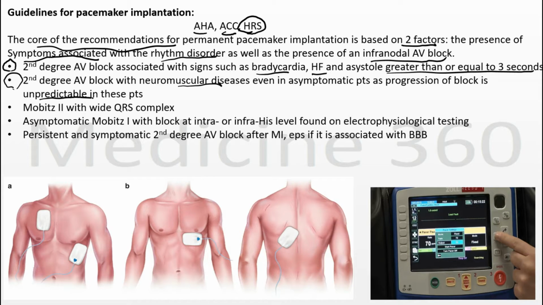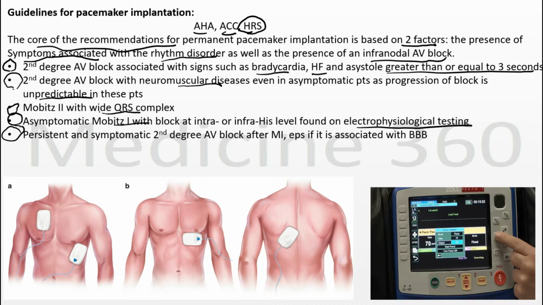Then Mobitz type 2 with a wide QRS complex most likely shows an infranodal block. Also asymptomatic patients with Mobitz type 1 with infra- or intra-His bundle block on the electrophysiological study.